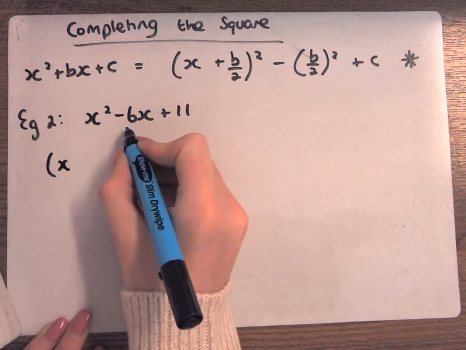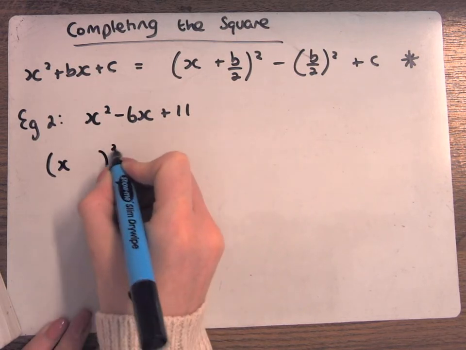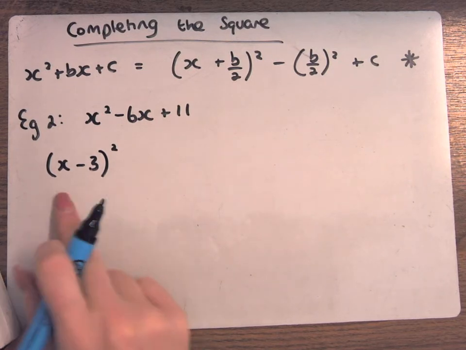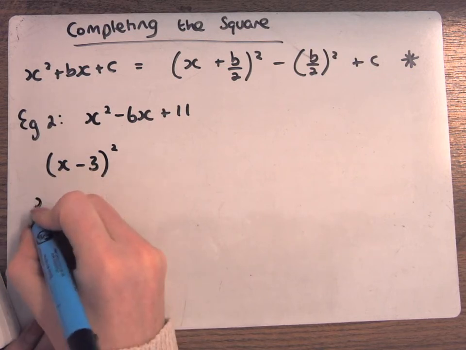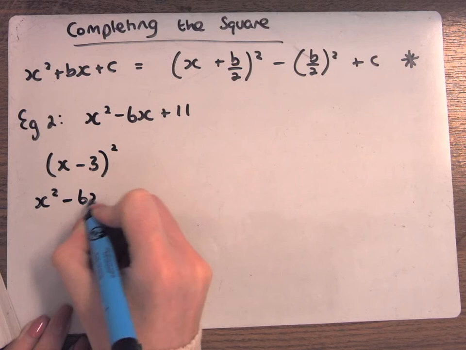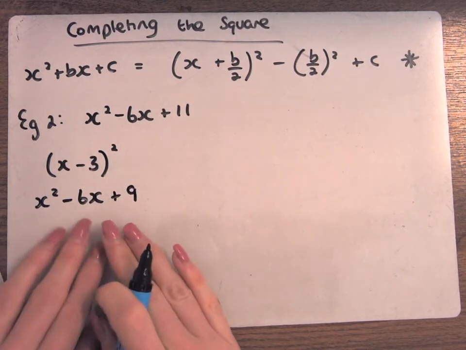Now, if it's product of the two multiplied by 2, what's actually here? Minus 3. Very good. Okay? Now, let's actually multiply this out. Square the first. Product of the 2 multiplied by 2. And square the last. Plus 9. That's what my perfect square is.